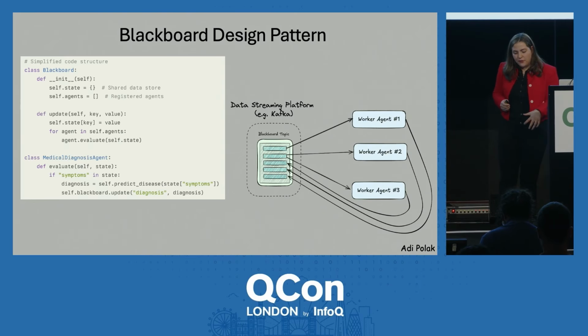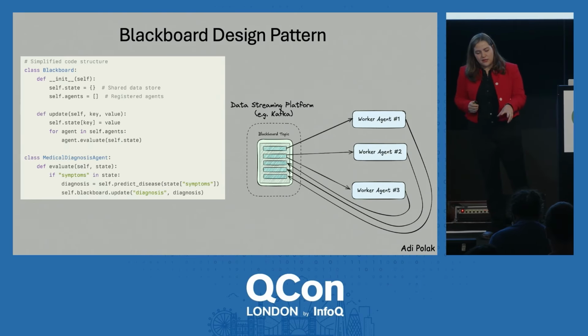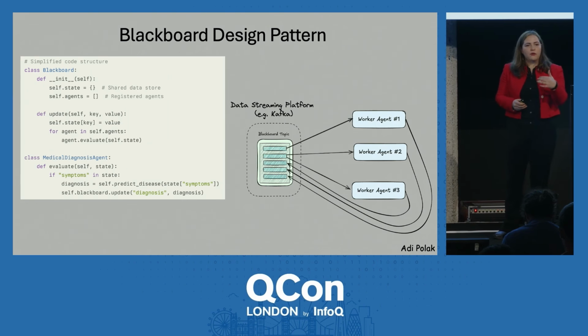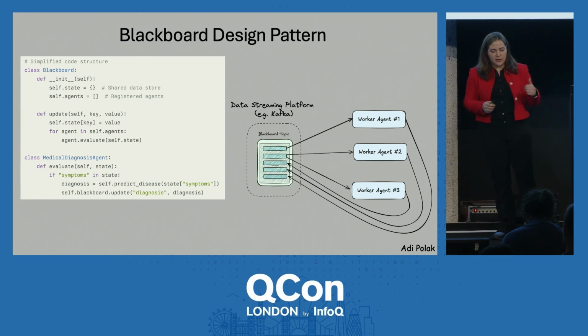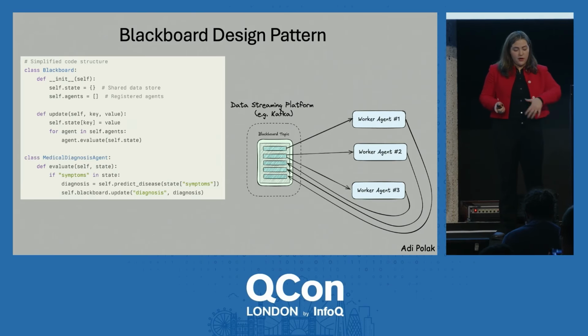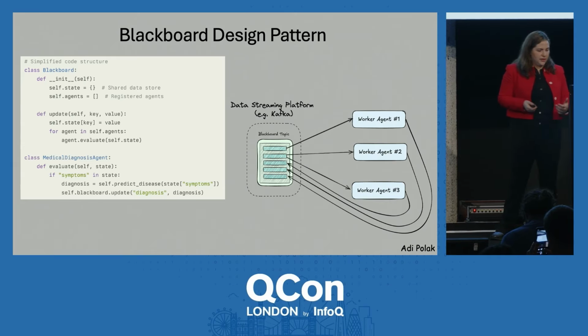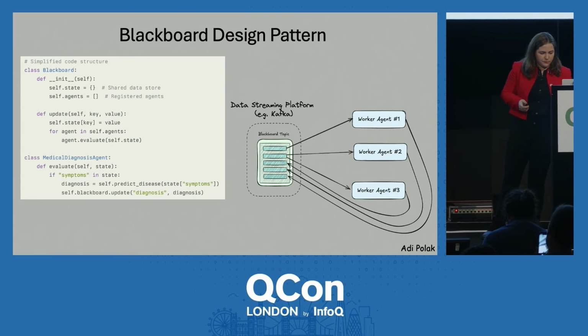So here in the example, there's a medical diagnostic agent, and there's a Blackboard with all the medical information that we have, maybe about a specific patient. And each one of the agents will go to different sources in order to solve and update the Blackboard with the diagnosis that it found in some of the information sources it has access to.